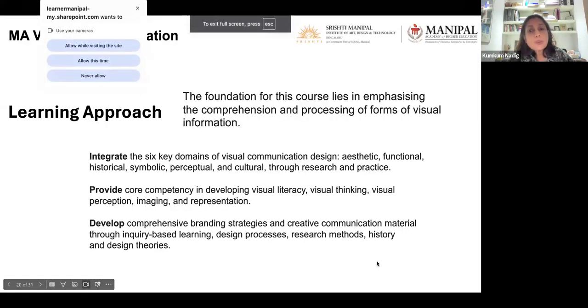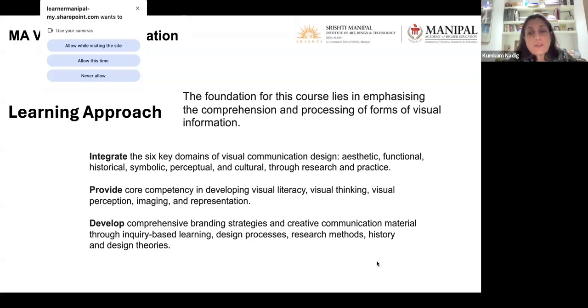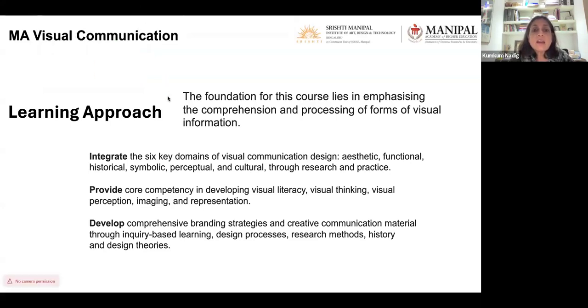Also, this course places a very strong emphasis on the comprehension and processing of visual information. In this way, we encourage our students to integrate the six key domains of visual communication, which are aesthetic, function, historic, symbolic, perceptual, and cultural.